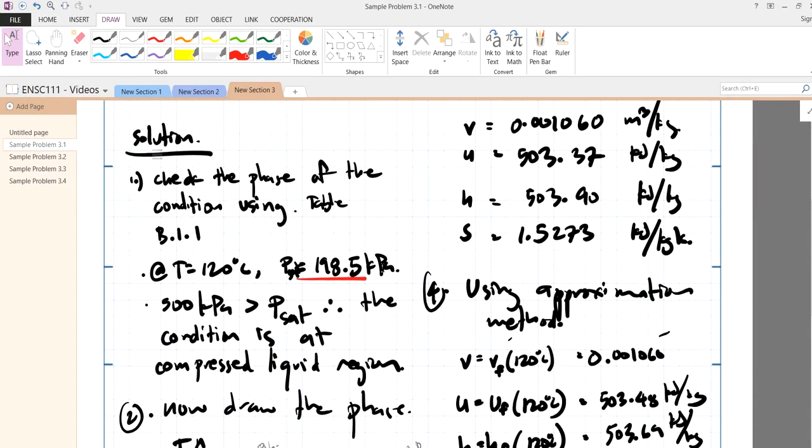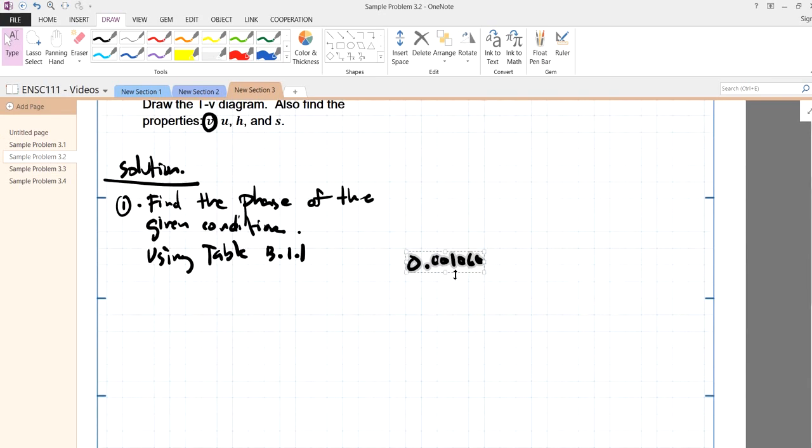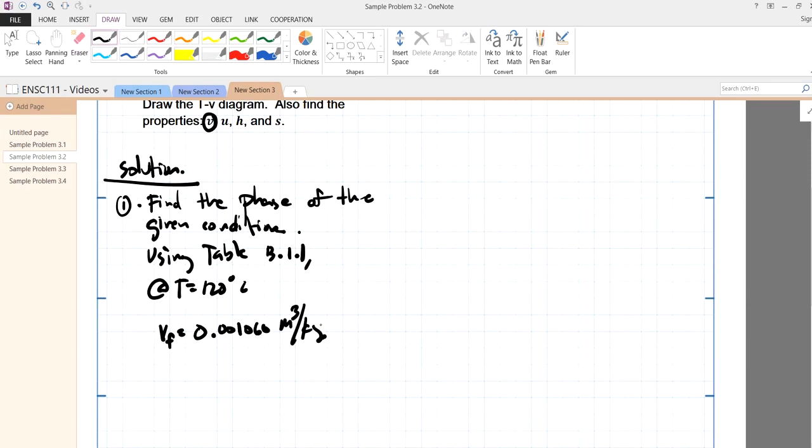So at T equal to 120 degrees C, the VF value is 0.001060 cubic meter per kilogram.